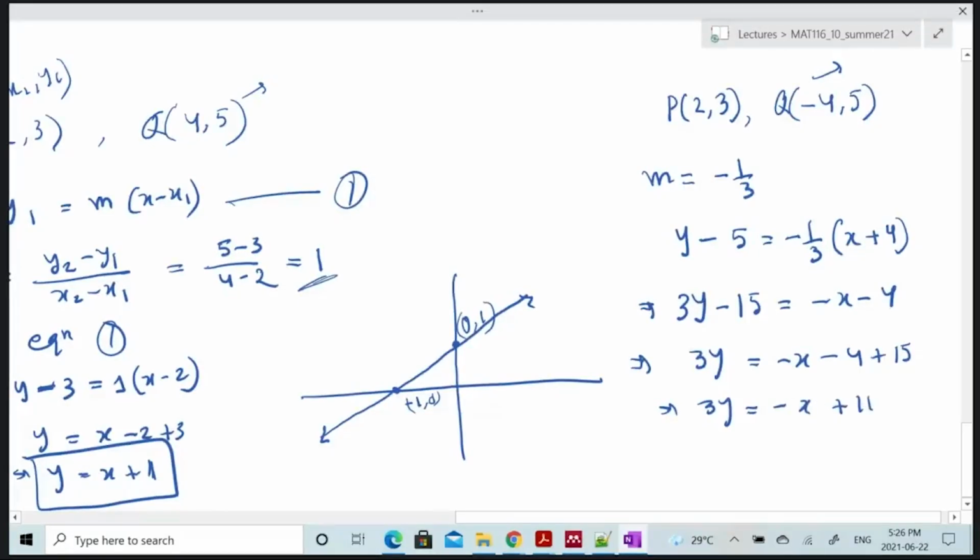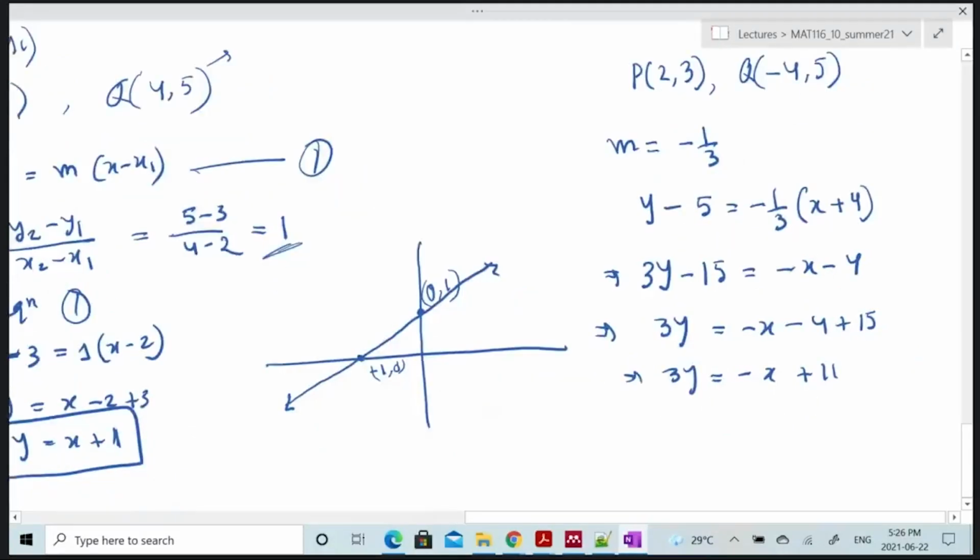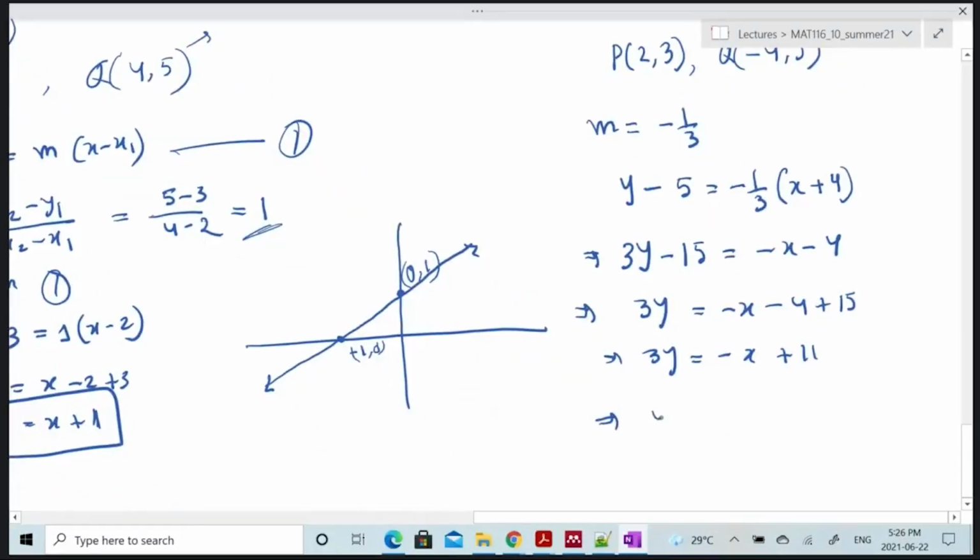But you can also write it as y equal to minus 1 by 3x plus 11 by 3.